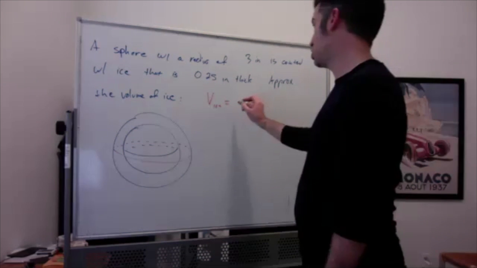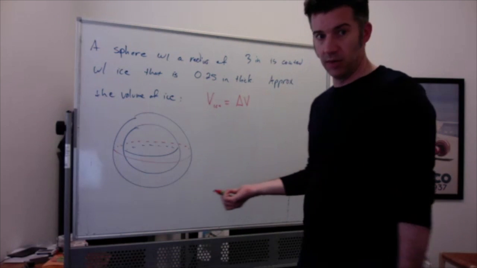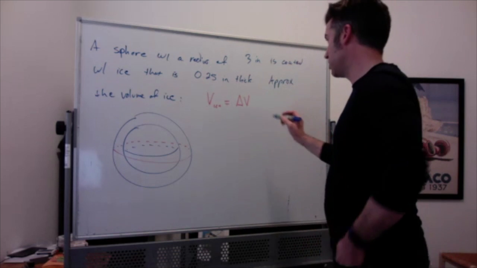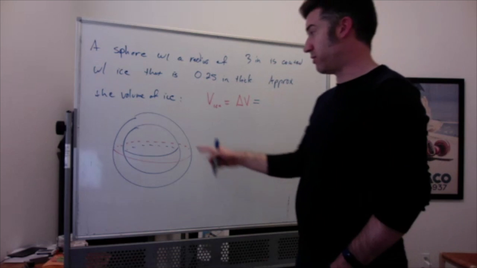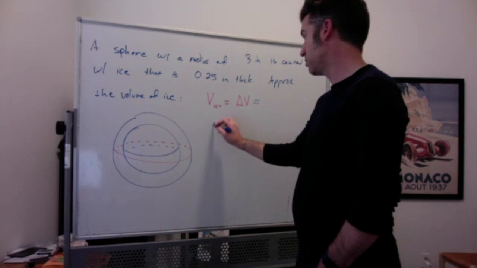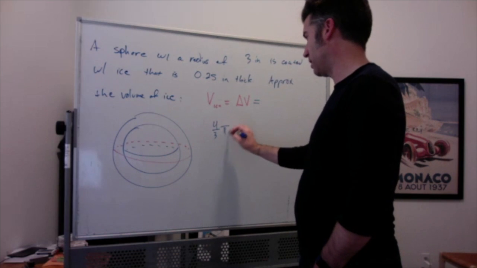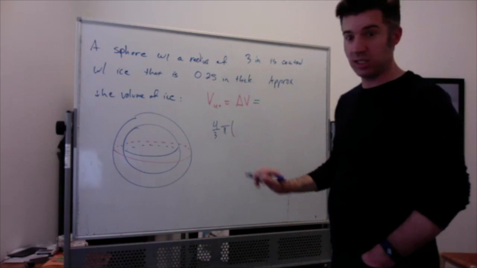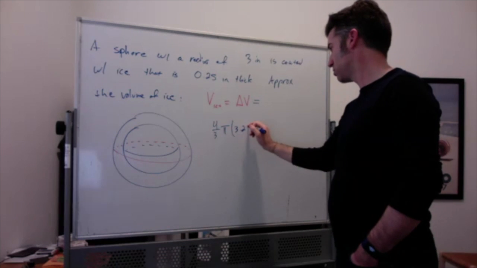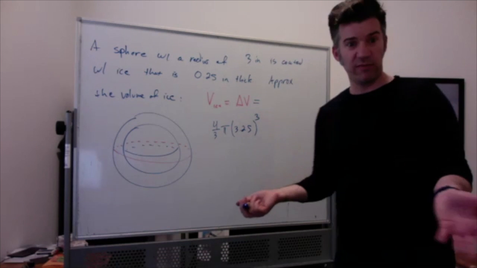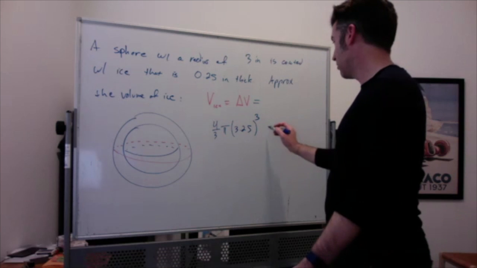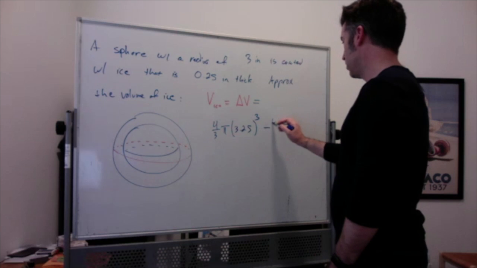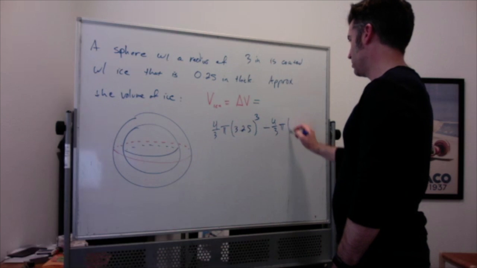So that would be the change in volume, delta V. We use a capital delta for actual change. And that would be equal to the volume of the big sphere, which is 4/3 pi times the big radius, which is 3.25 inches, cubed. The volume of a sphere is 4/3 pi r cubed. Minus the volume of the inner sphere, which is just the original sphere, 4/3 pi times 3 cubed.